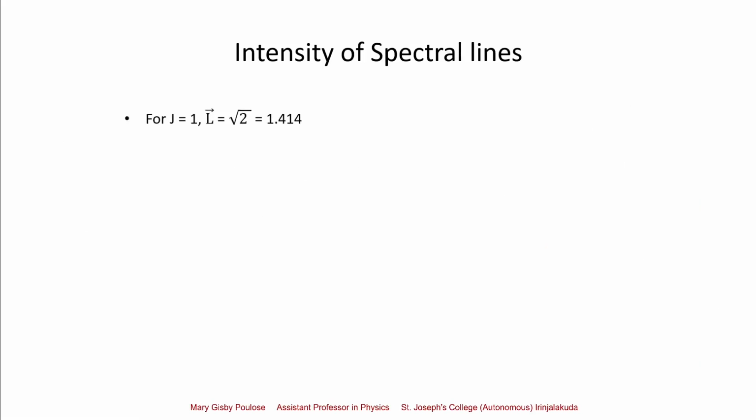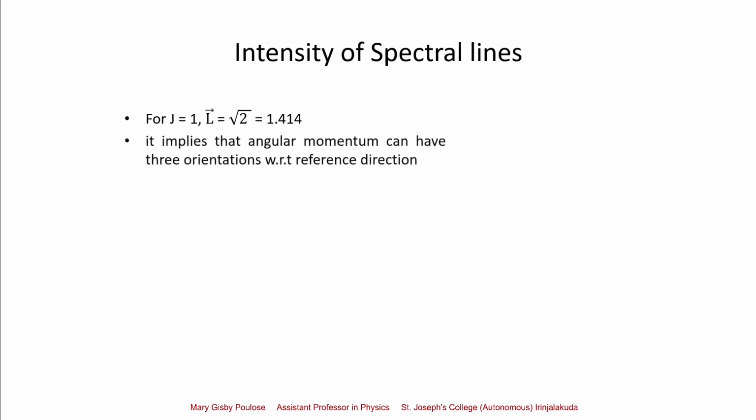Now for the first case, let J be equal to 1. Then angular momentum will be equal to root 2, that is 1.414. Angular momentum can have integral values ranging from plus 1.414 to minus 1.414. That means it can have values 0, plus 1 and minus 1. This implies that angular momentum can have 3 orientations with respect to a reference direction.